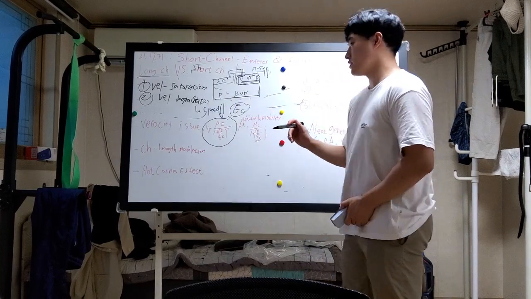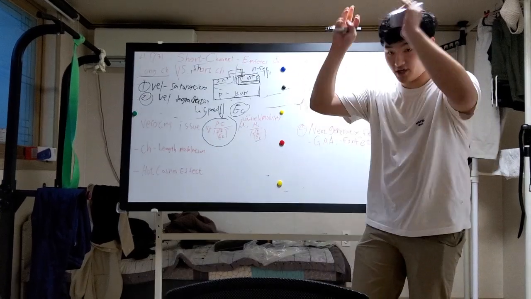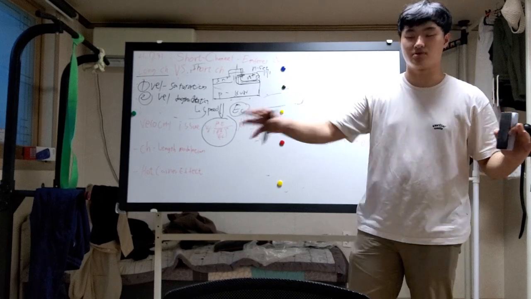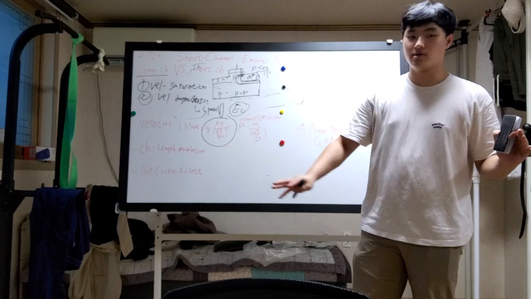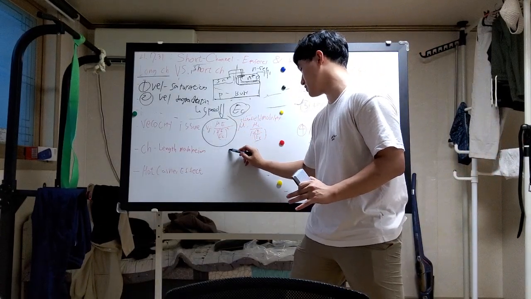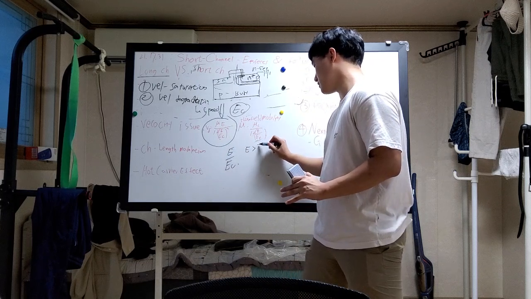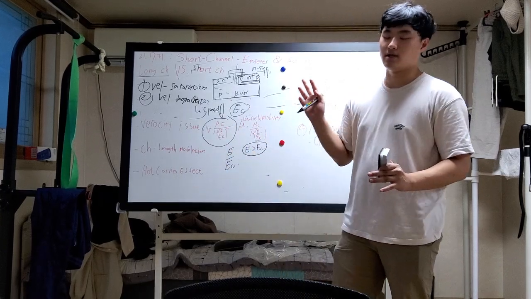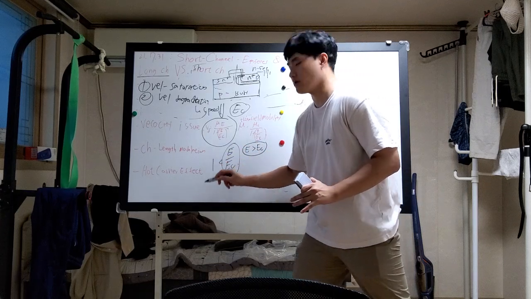So, if we apply a stronger voltage to the device, then a stronger electric field will be induced. If the induced electric field is bigger than the critical electric field, then this ratio will be larger than 1.